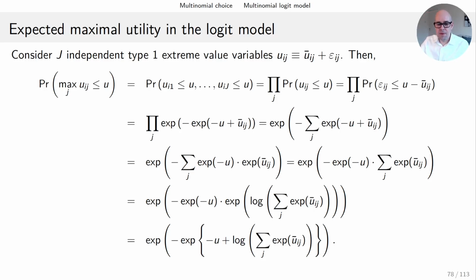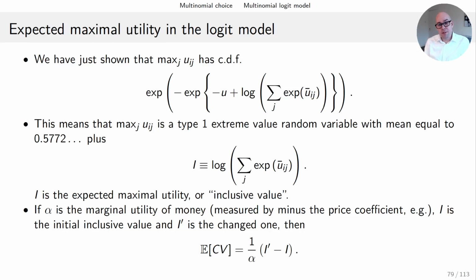Now, you might not see it immediately, but what we've just shown is the following. We have shown that the random variable that is defined as the max random utility has exactly this CDF. So here the first bullet point shows exactly the last expression from the previous slide.